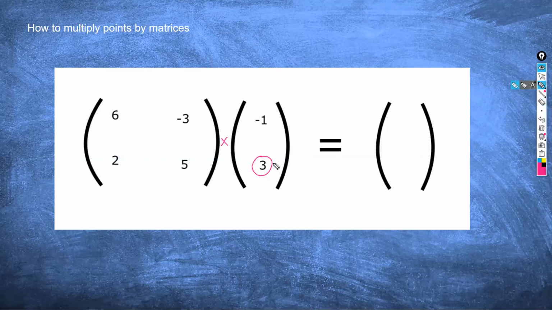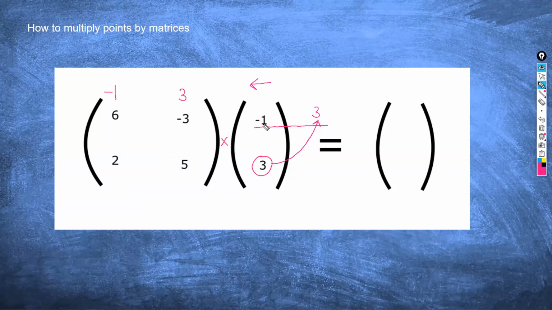And here's what you're going to do. You're going to pretend that this number swings up to the top here, like Batman. So it swings up to the top here. So how many numbers do we have here now? 2 numbers. You're going to pretend that these 2 numbers, these 2 values, they grow legs and they're going to walk across. So pretend they're marching across. They're walking, they're walking, they're walking. The -1 will be over the 6 and the 3 will be over the -3.